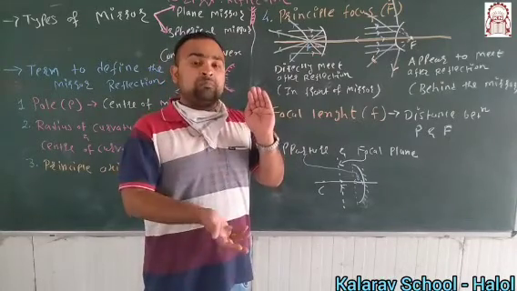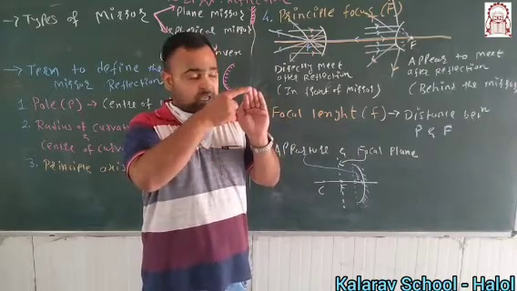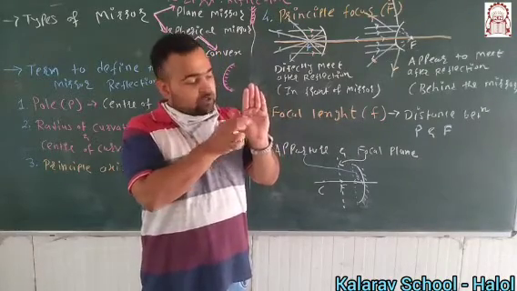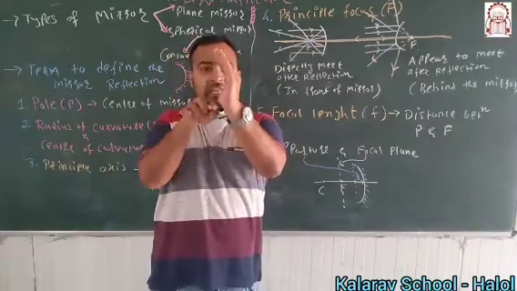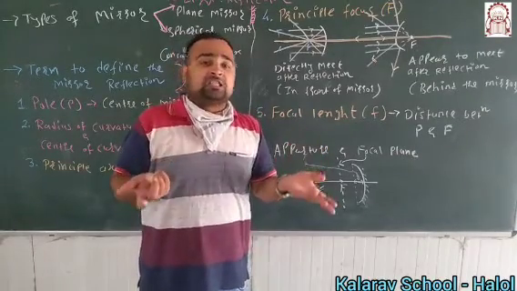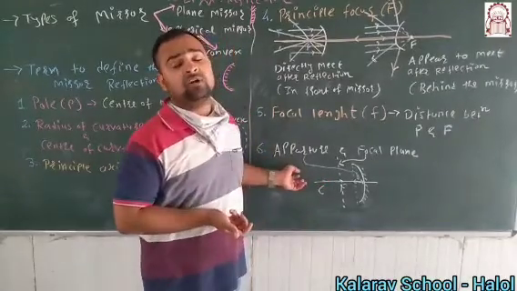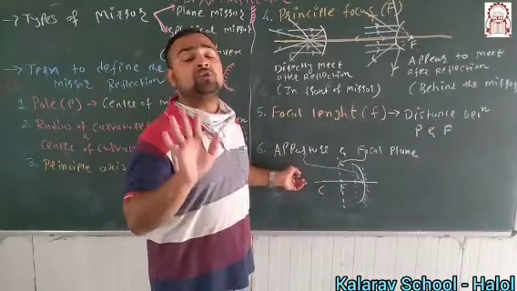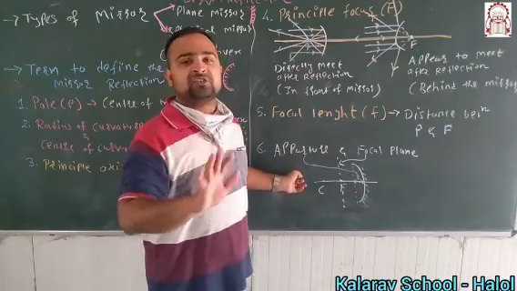But in some books, the definition given is the distance between the pole and this line. In your textbook, whatever definition is suggested, you have to write that down. In simple language, the aperture is the face of the mirror.